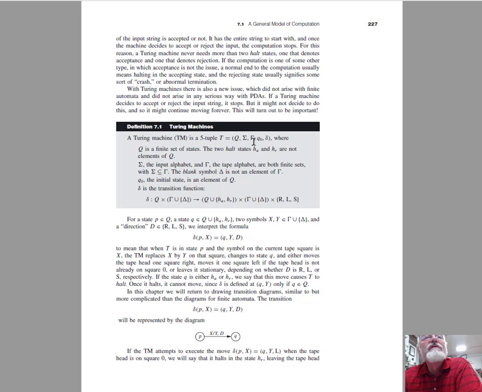We have some other things that aren't described in here. For example, Q is a finite set of states, and there are two additional states, H sub A and H sub R, that aren't elements of Q. In other words, they have some special designation. H sub A, if we end up in it, says accept what we've done, and H sub R means that we need to reject it.